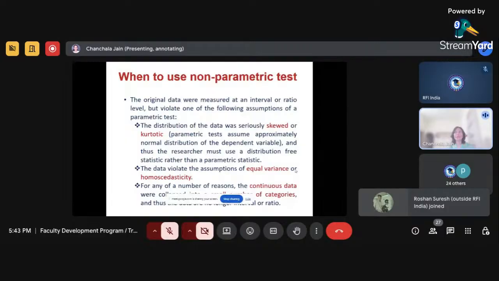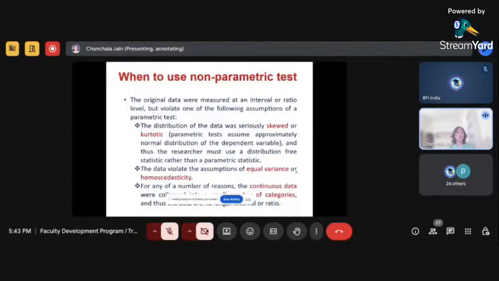For some of these parametric tests, we also need to see the homogeneity of variances, that is, equal variances. So if your data is violating such assumptions, even in that case we can go for the non-parametric tests, right?